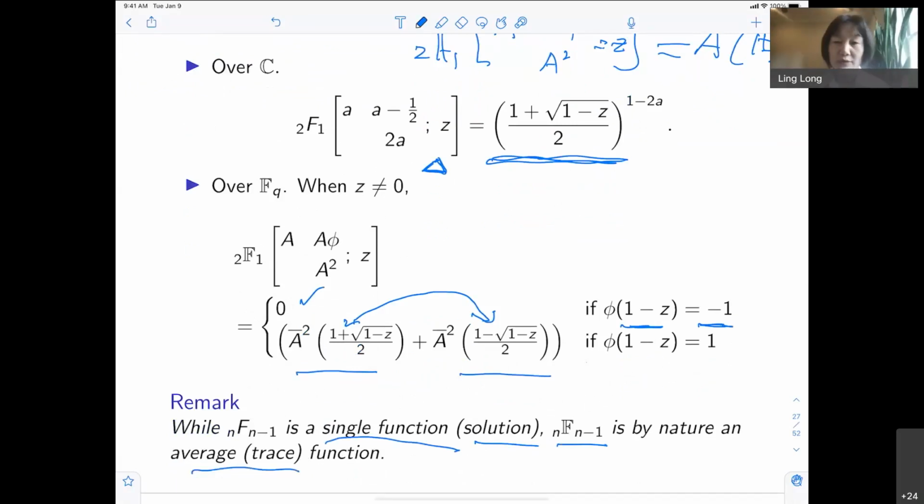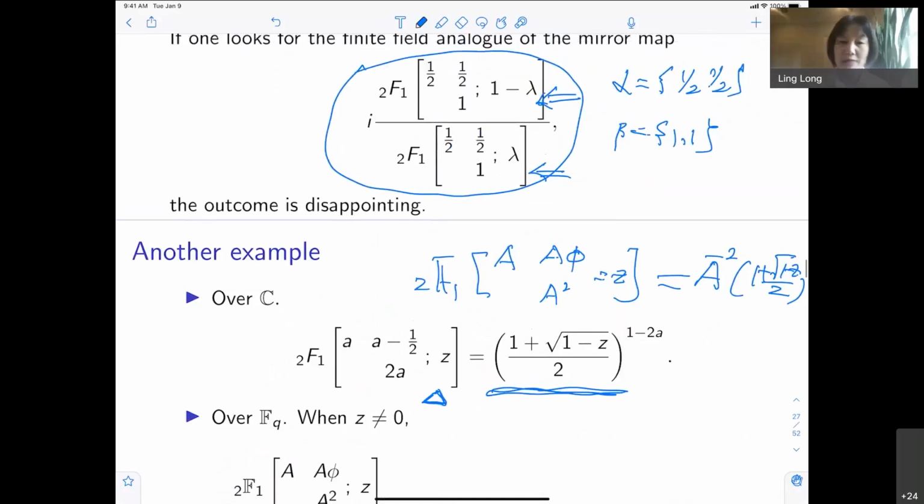So it's a trace function. So by nature, they are different. And that's also why when you get to the Schwarz map, it's average over average. So you do not get much out of such a ratio, right?